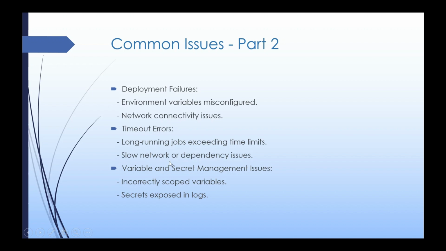Okay, in case of slow network or dependency issues, a timeout error will also come. Suppose you have some agent machine where the network is slow and it is not able to connect or reach that particular URL. In that case, you will get a timeout kind of error.